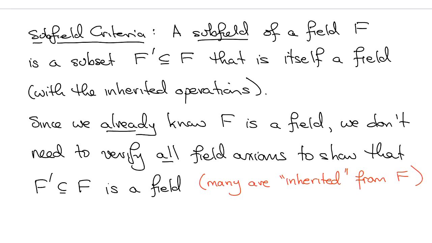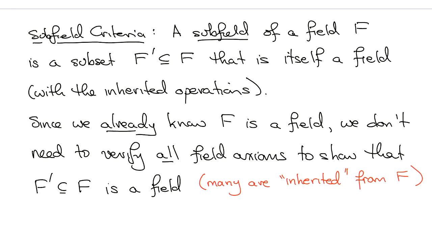And the point is, to check something's a field, you in principle have to check all 9 of these axioms. It's unlikely I'm going to get you to check all 9 axioms in any given example, but in principle that's what you have to do. But if you have a subset using the same operations, the addition is certainly already going to be commutative because it's the same addition as up in the bigger set.